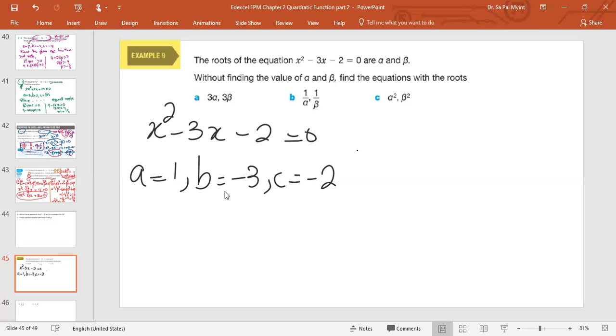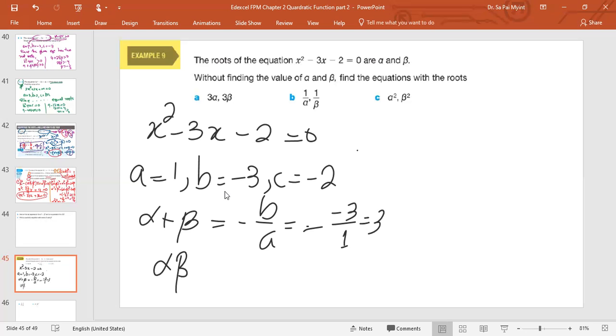So you can write sum of the roots equal to, what is the formula? Negative b over a. What do you get? Negative, b is negative 3, a is 1. So what do you get? 3. And then product of the roots equal to, what do you get? Negative 2.